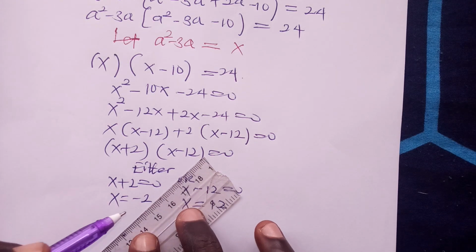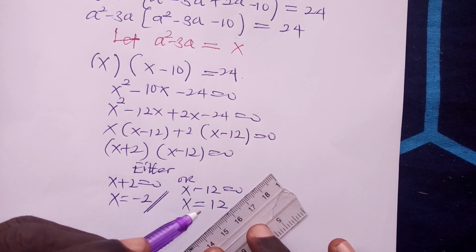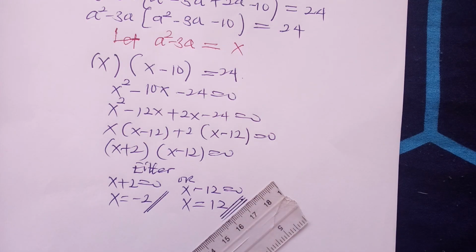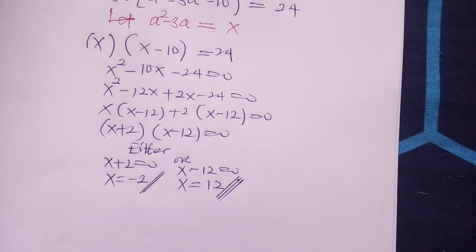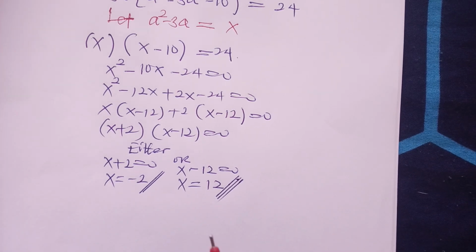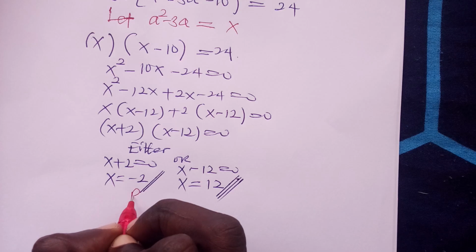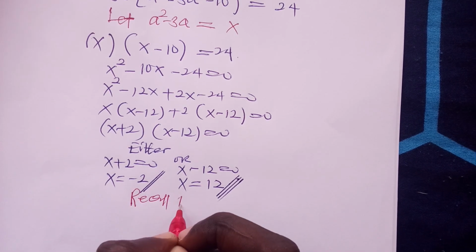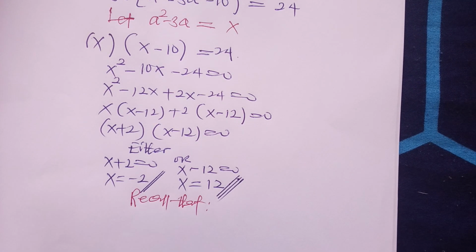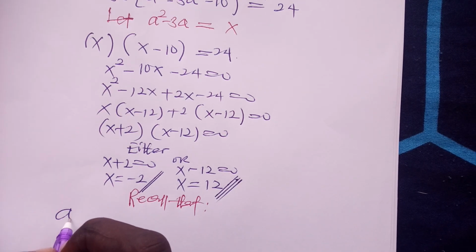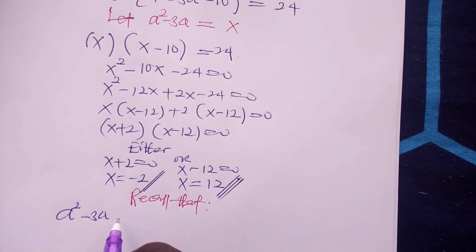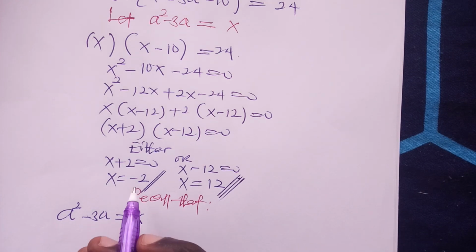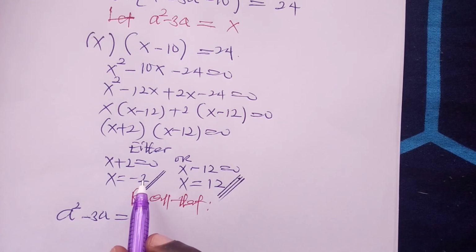But remember, the question says we have to find the value of a. Now remember, we recall that we have a square minus 3a equals x, but we know x is equals minus 2.